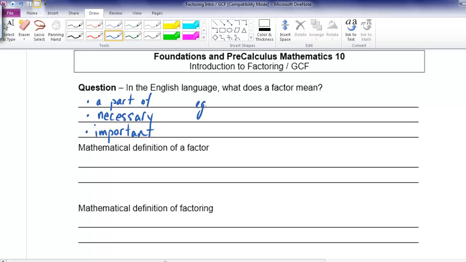An everyday example of this idea of, what does it mean to be a factor? I'm going to make this statement. Travis Lulay was a factor in the BC Lions winning last year's Grey Cup.